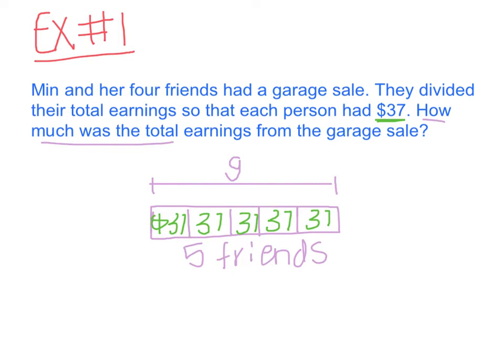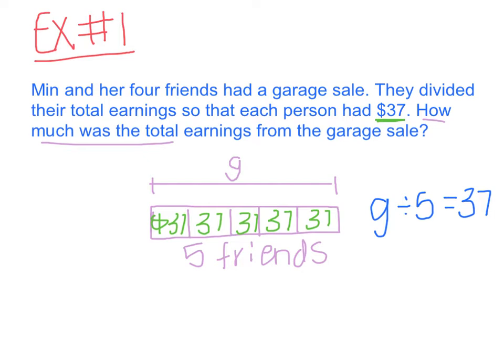So if we don't know our total, but we know what each of the 5 friends earned, we're going to be taking our total, which we said was going to be G for us, and we're going to divide that by 5 because the 5 friends, and that equals 37 because each of the friends got $37.